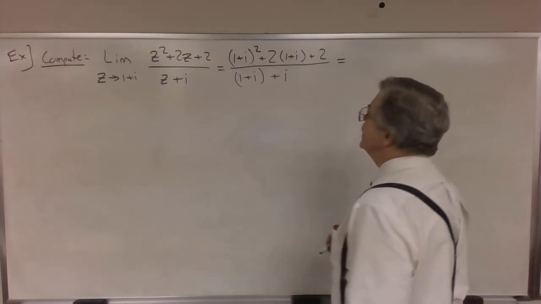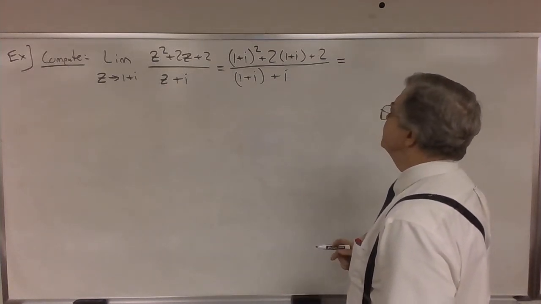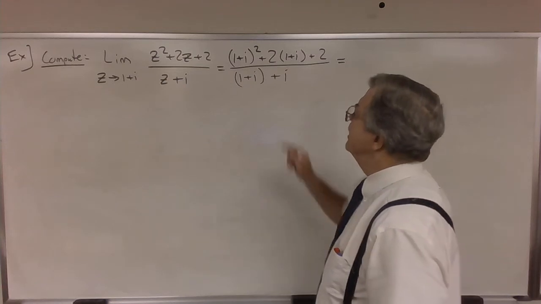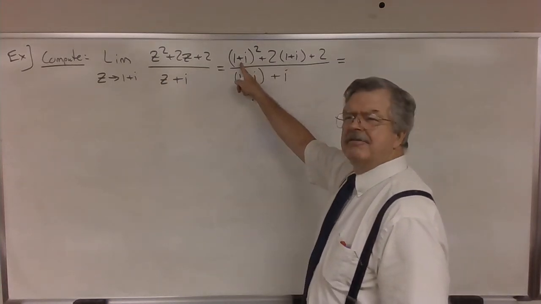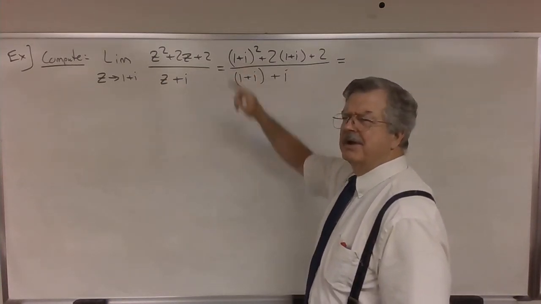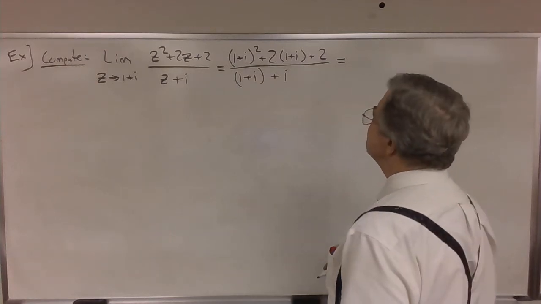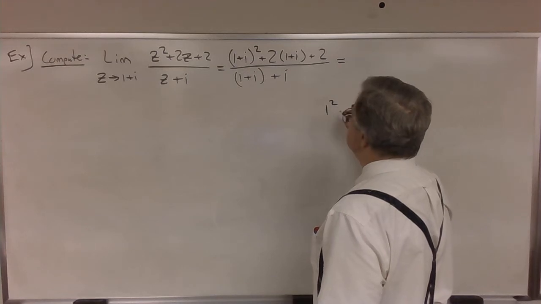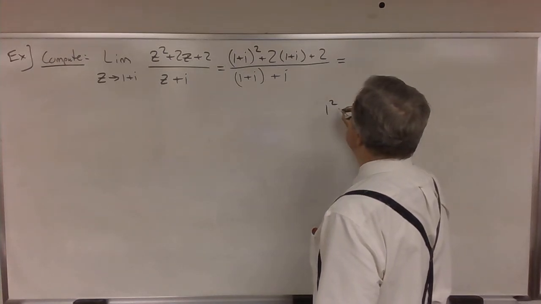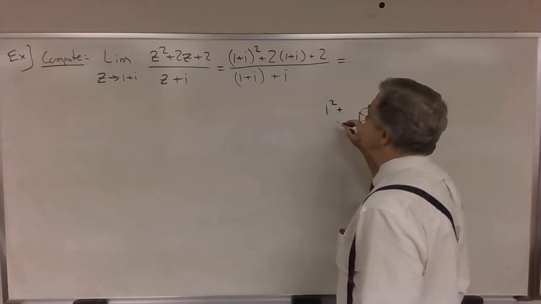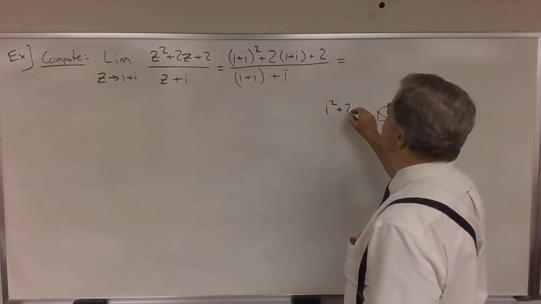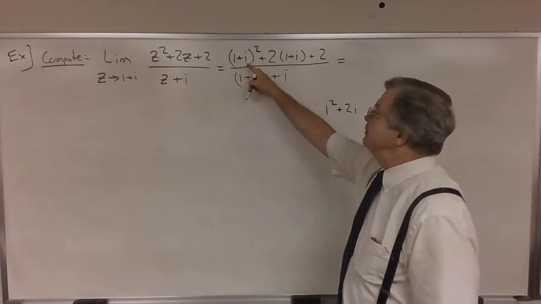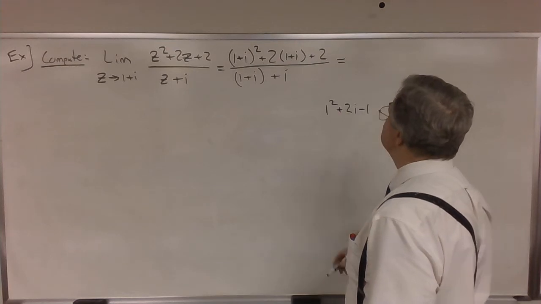Oh, let's see, 1 plus i squared, this is something at an angle of pi over 4. If we square it, we're going to get purely imaginary, I think. So let's see, 1 squared plus 2 times the first times the second is 2i, plus the second squared, yep.